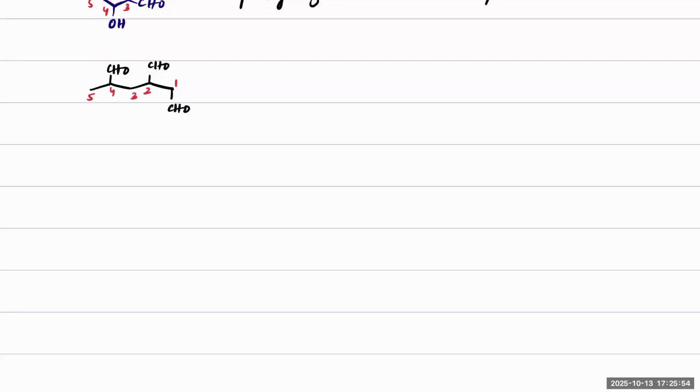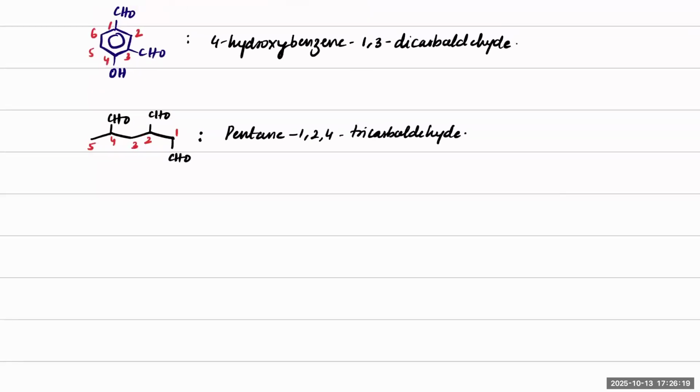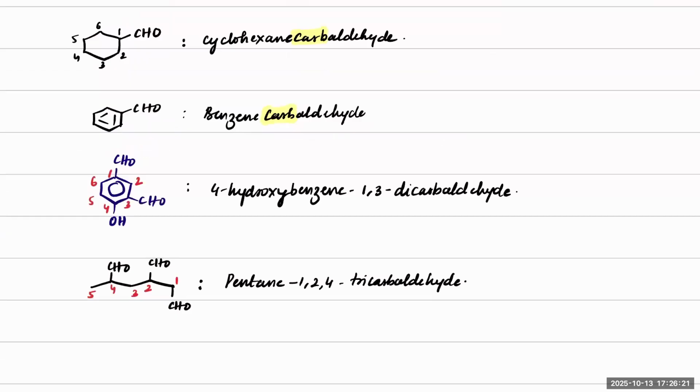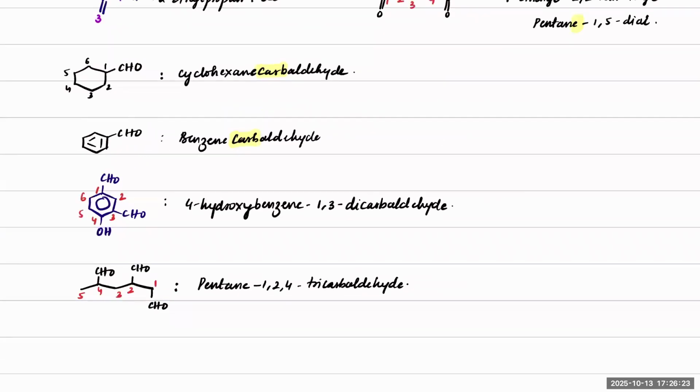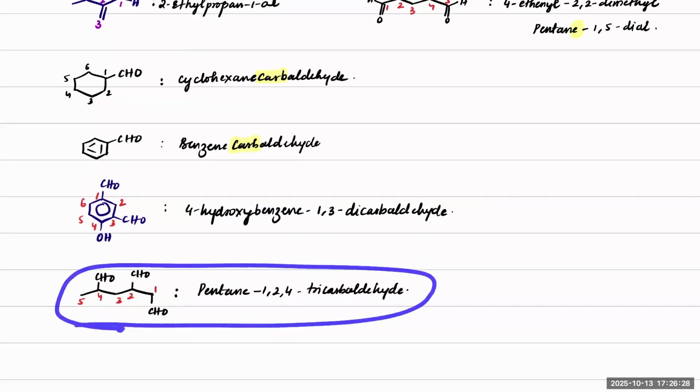So we do not include any one of them. You will only write the straight chain and you will simply write the IUPAC name this way. It is pentane having 1,2,4-tricarbaldehyde. Is it making sense? Right. This is one important form that is asked in JEE Mains. So remember how to write the aldehyde forms.